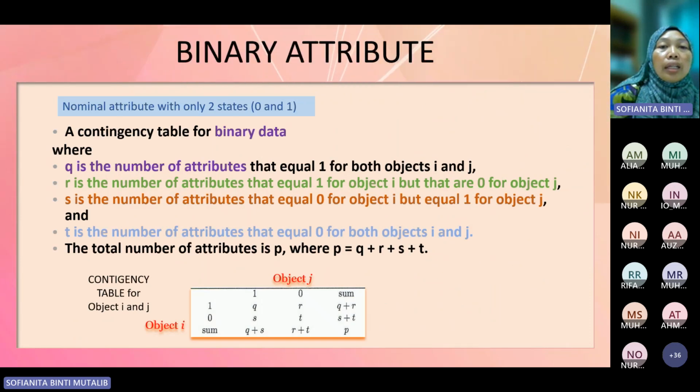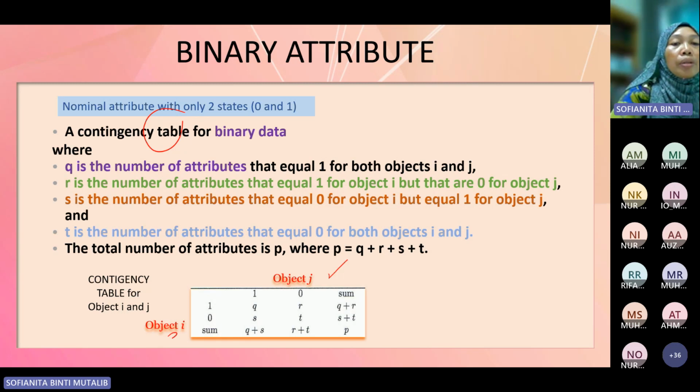And we have binary attributes here. Binary attributes involve several steps where we have to create the contingency table. This means we compare the objects involved in the comparison, object 1 and object 2.